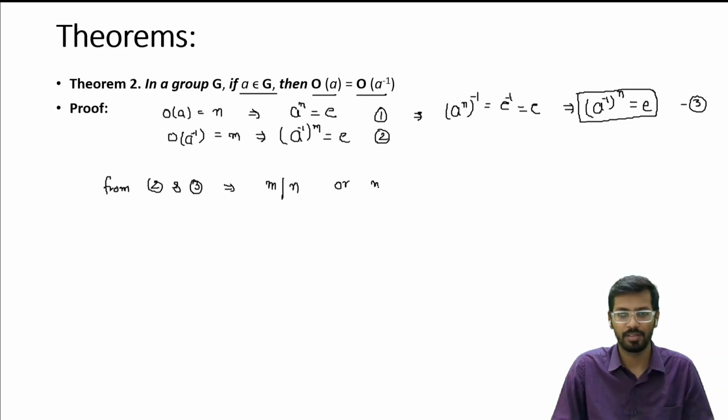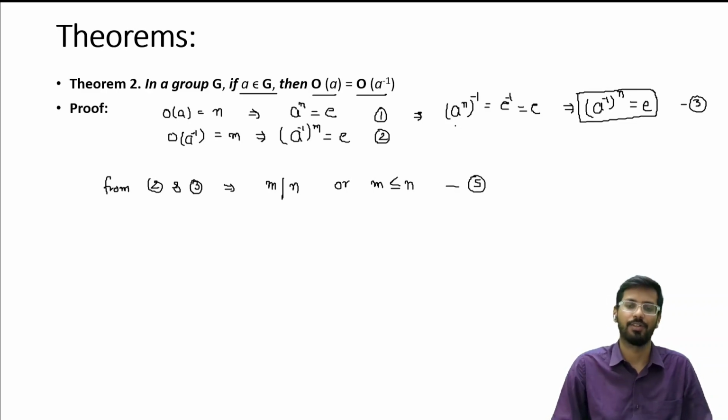So this m is less than equal to n. Okay, या तो हम ये लिख सकते हैं कि m divides n, इसको हम अगली थ्योरम में प्रूव करने वाले हैं. तो या तो हम इसको कह सकते हैं m divides n, और we can say m less than equal to n. Okay, call it equation 5.